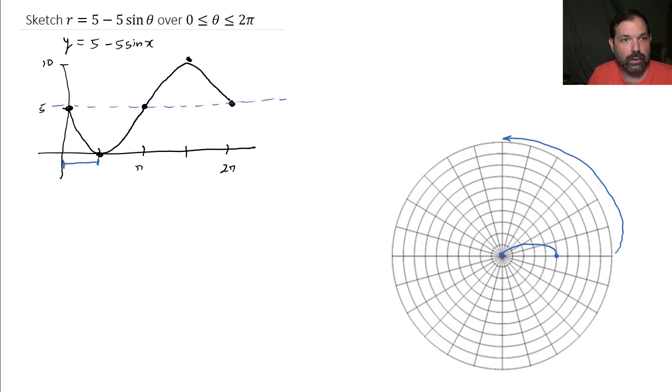Then what happens? From pi over 2 to pi, the r value has to change from 0 to 5. The r value has to increase from 0 to 5.